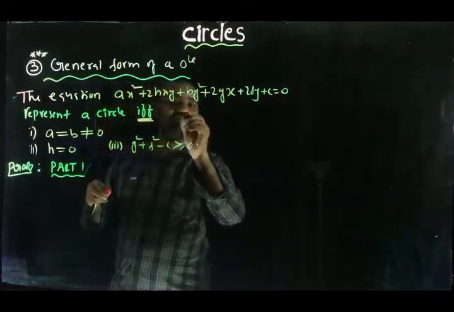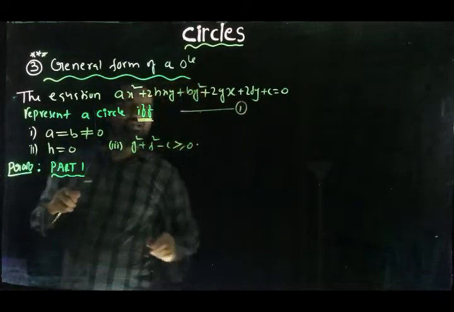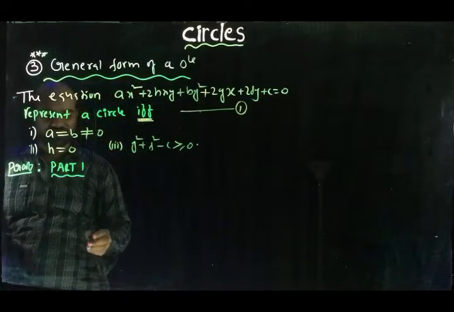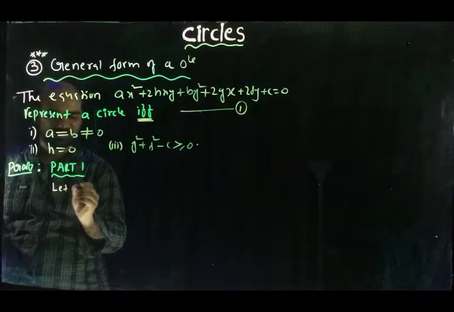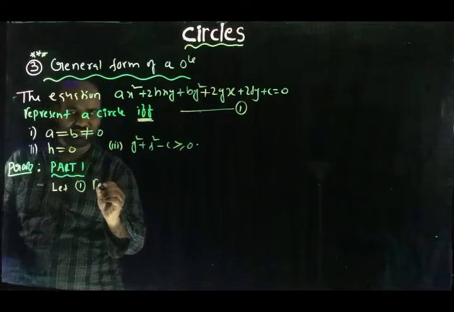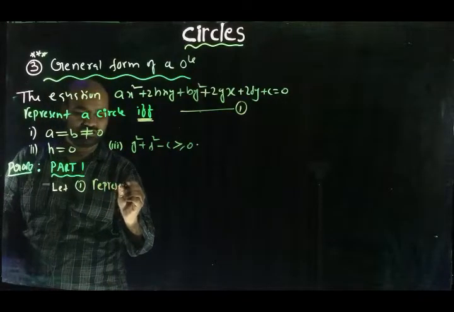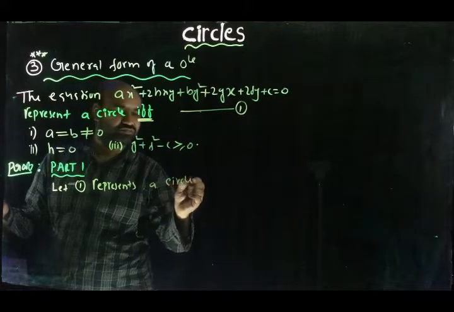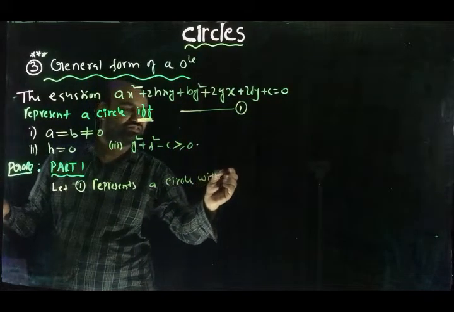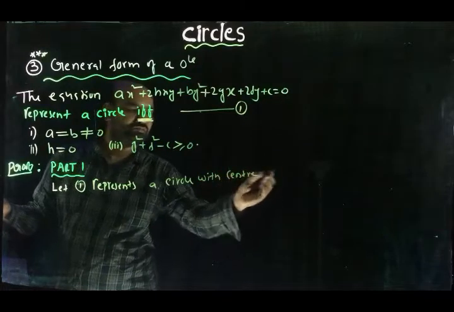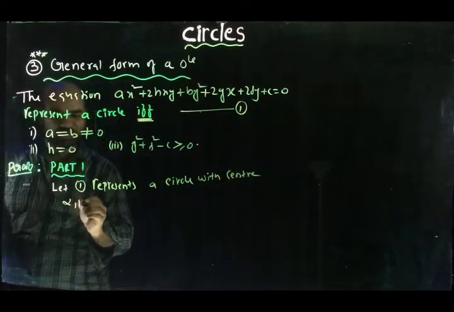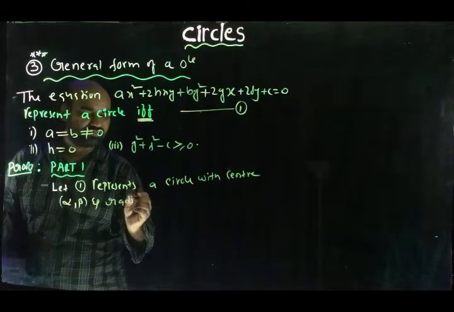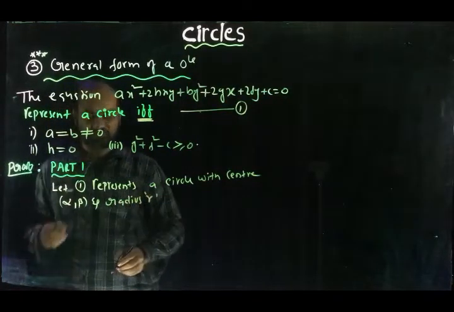So I am assuming this equation as the standard second degree general equation in x and y. Let it represent a circle with center alpha comma beta and radius r.